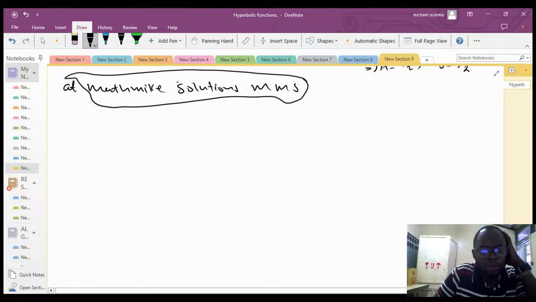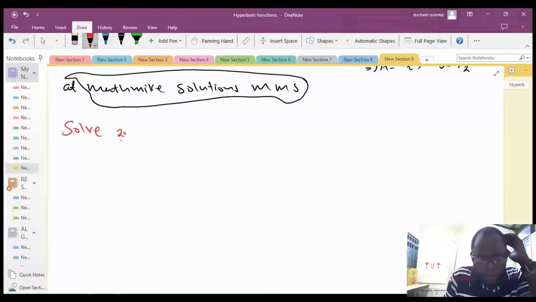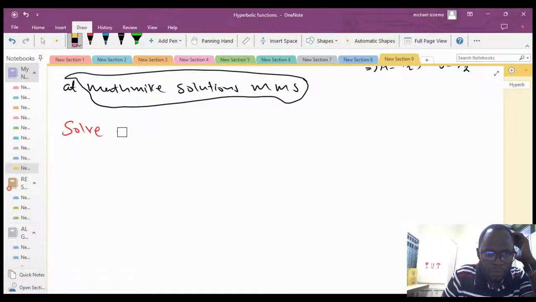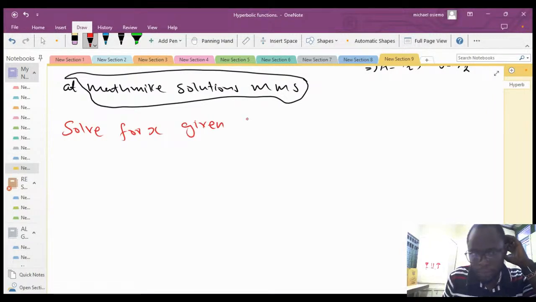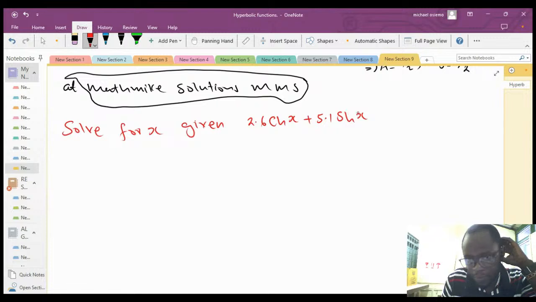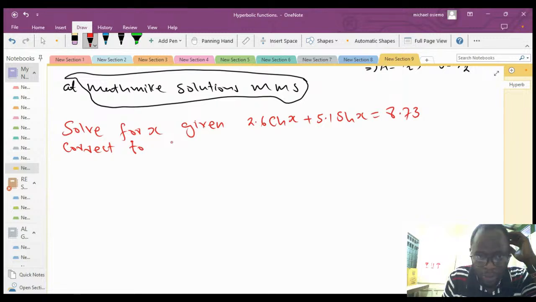So let us go to another question. Solve for x given 2.6 ch of x plus 5.1 sh of x is equal to 8.73, and we have a condition here: correct to 4 decimal places.